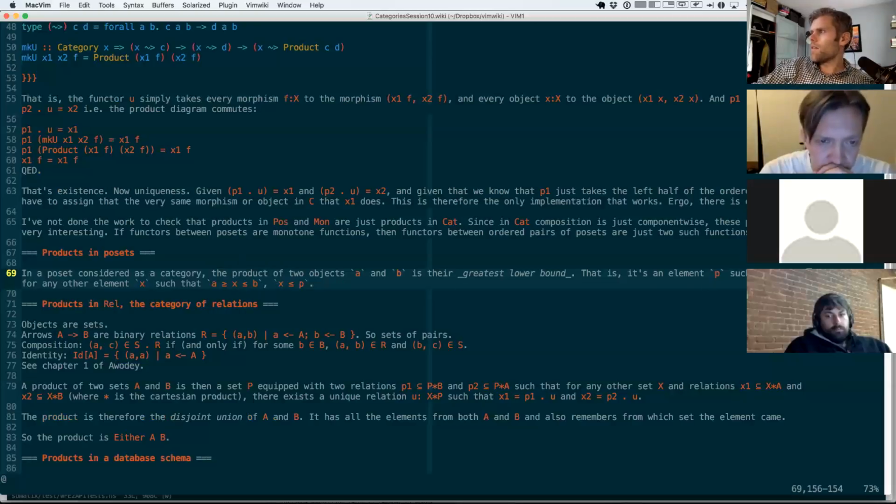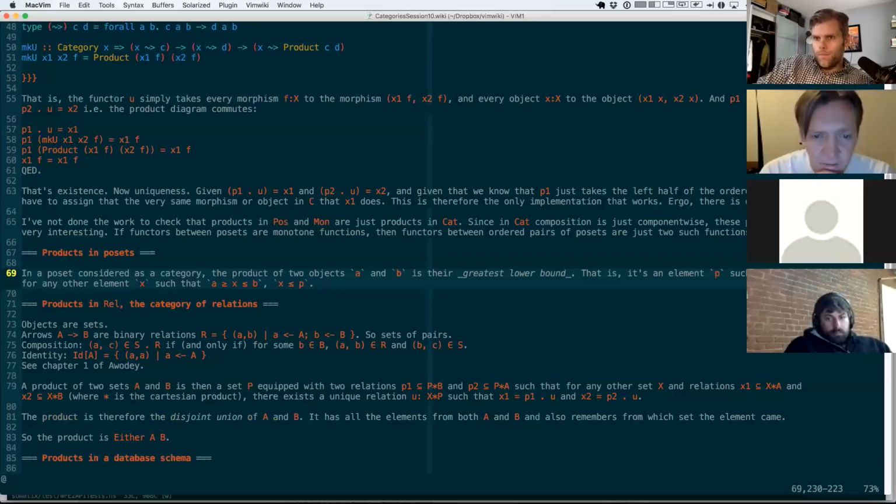It's less than or equal to both A and B. So P is less than or equal to both A and B, and X is less than or equal to both A and B, and X is less than or equal to P. All such X are less than or equal to P, then P must be the greatest lower bound of A and B, right?